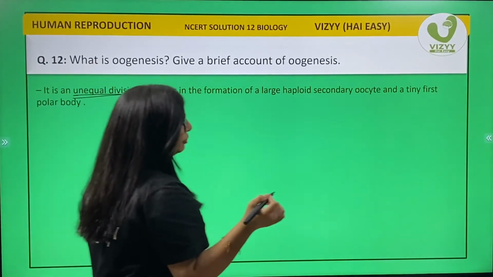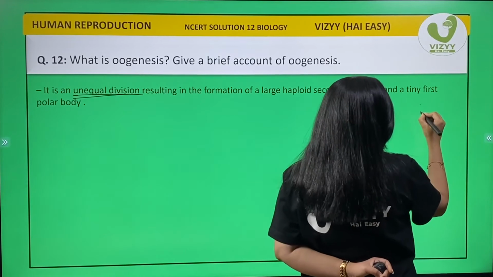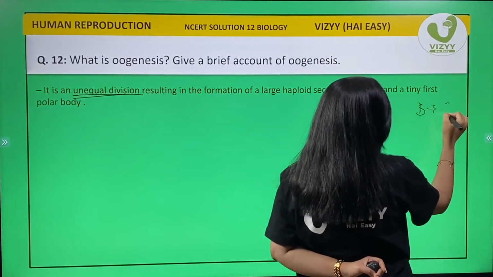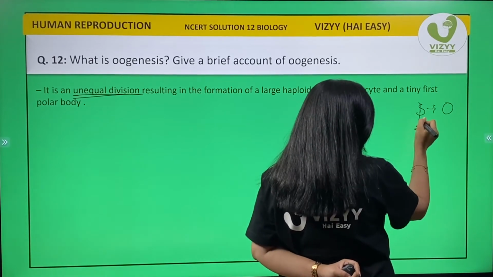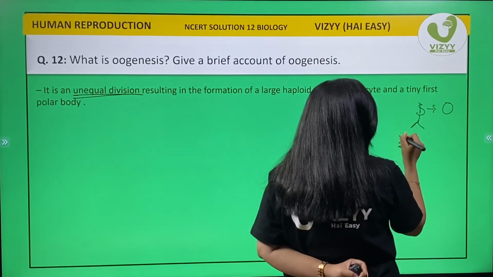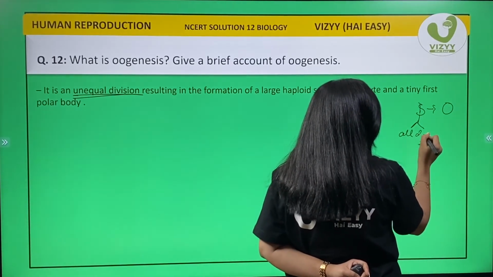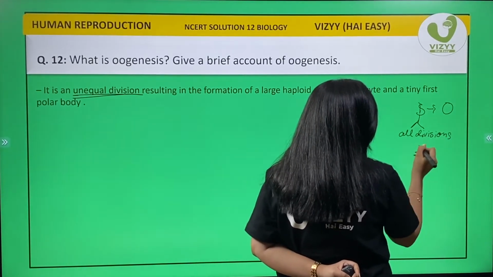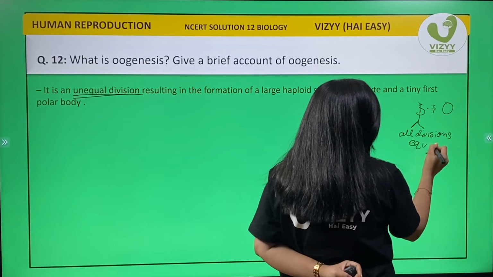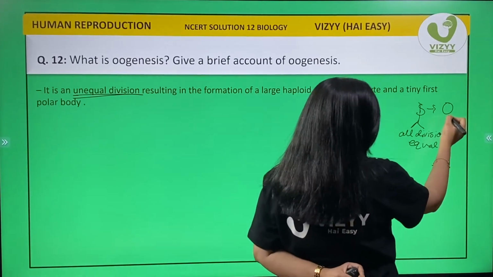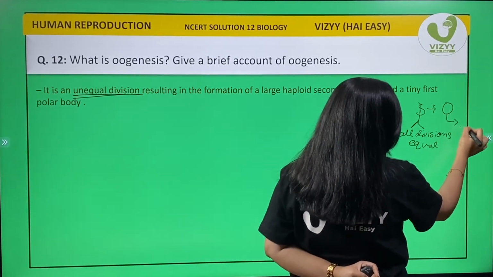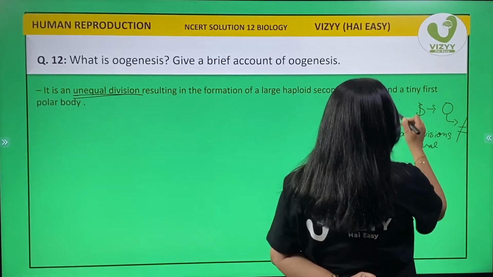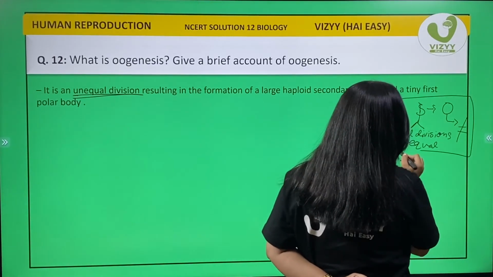Remember the difference between spermatogenesis and oogenesis: in spermatogenesis all divisions are equal, whereas in oogenesis they are not equal. This is very, very important. Make a side note of it.